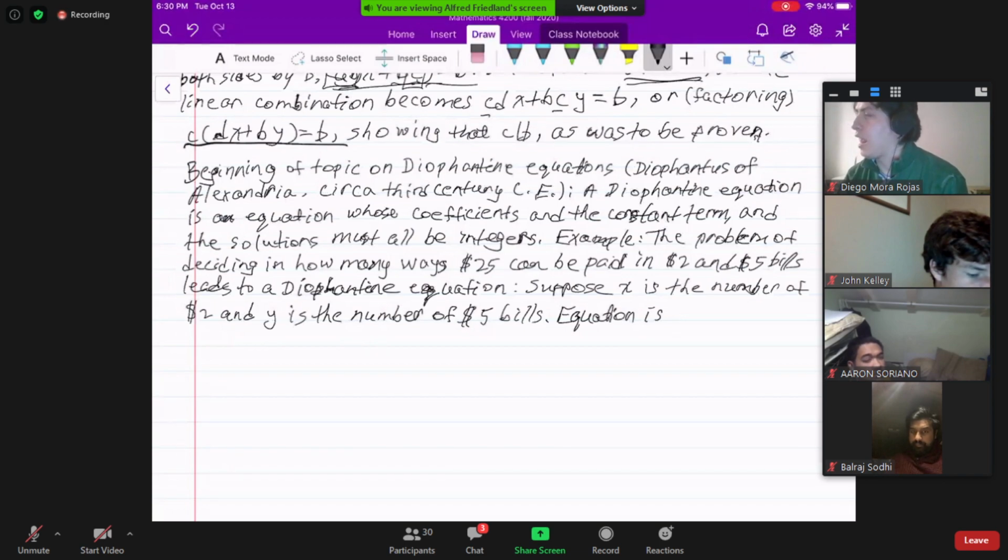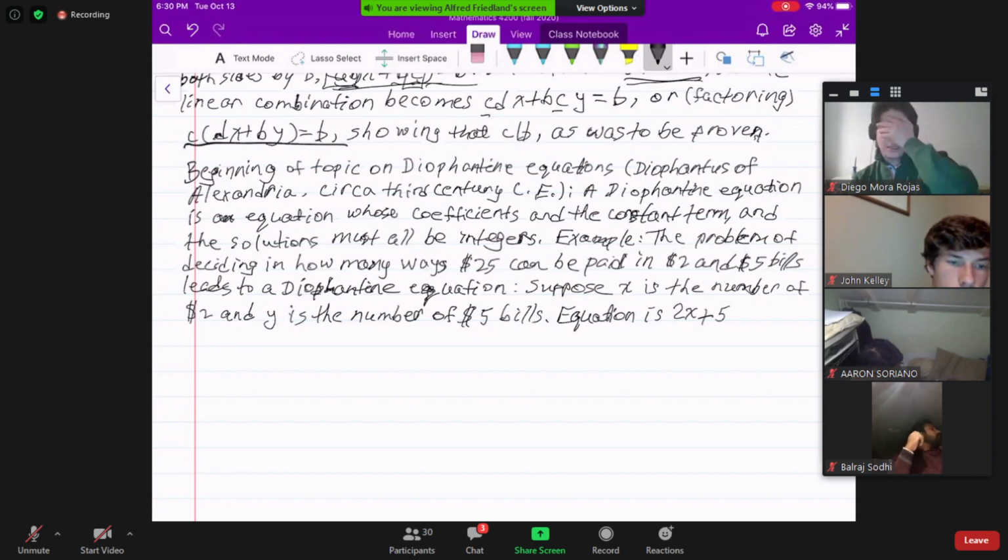That will give us X bills at $2 each is 2X dollars, plus Y $5 bills, Y of them, each one is $5 times the number of $5 bills.